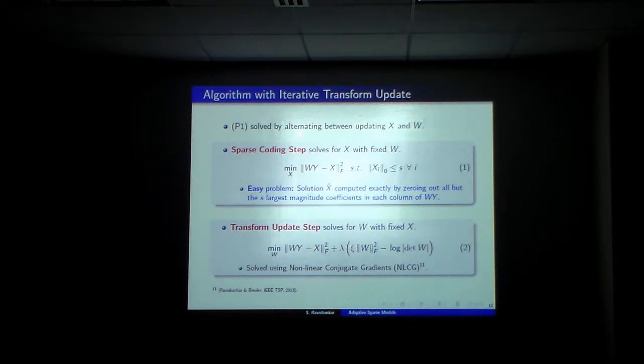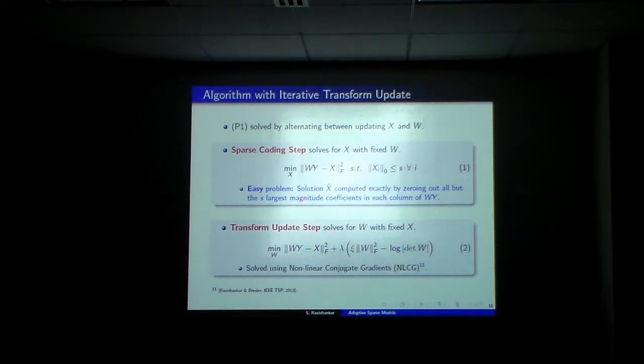If you were to solve P1 by alternating, in the sparse coding step you minimize over the sparse code matrix X, and you get a very cheap solution that involves just thresholding the columns of WY and retaining only the S largest magnitude elements in each column.